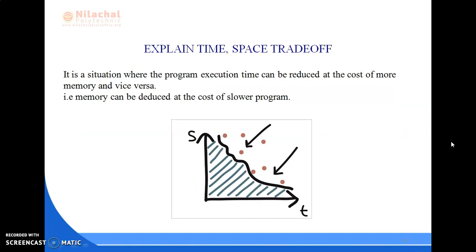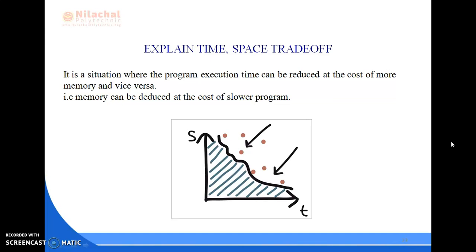We normally want an efficient algorithm, which, as we have already discussed, should take the minimum time for execution and should take less memory space in the computer memory. But we normally cannot find a perfect algorithm with both components in some of the cases.